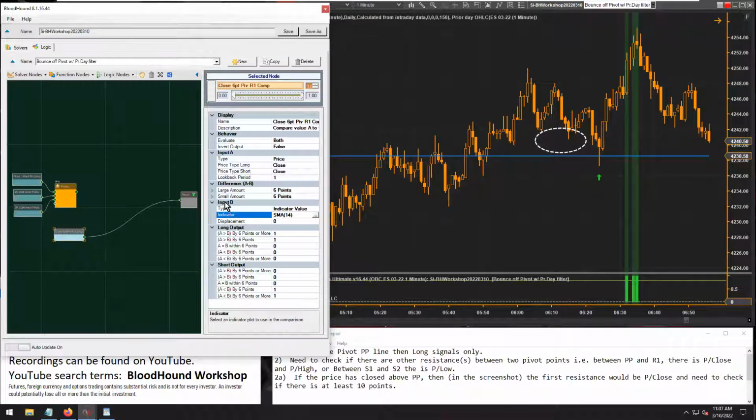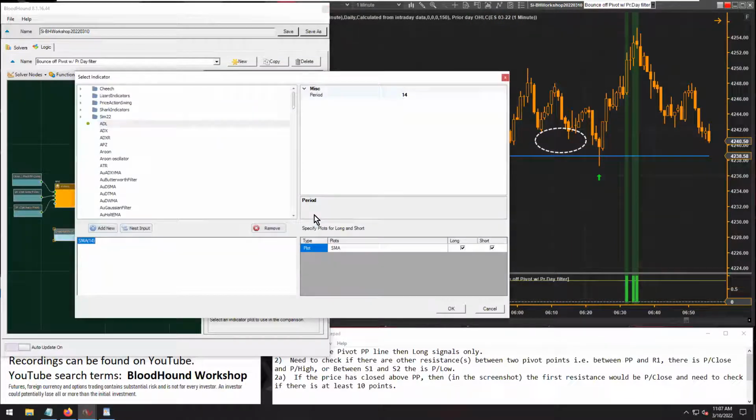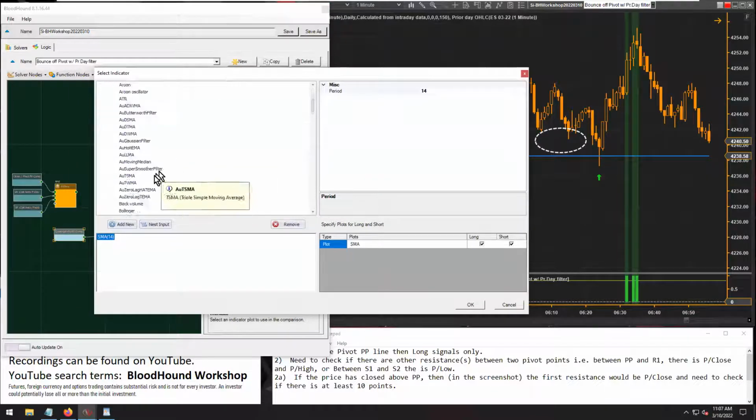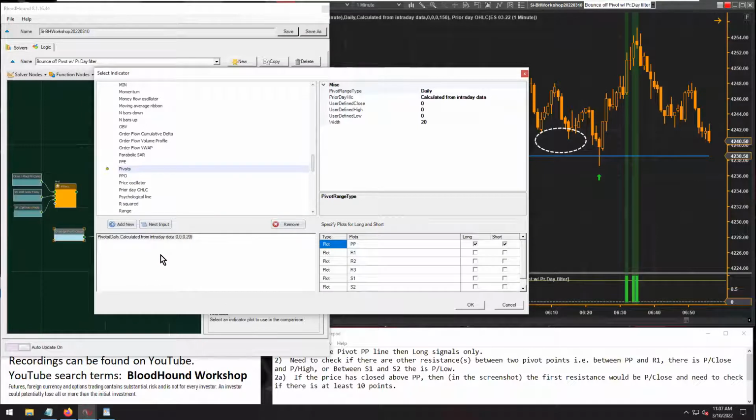And now the input B, that's going to be the R1 line. So scroll down to the pivots. All right, there's our pivots indicator. And so we're looking for long bounce signals, right, off of R1. So R1 is going to be for a long output. And let's see. Yes, we can do this.